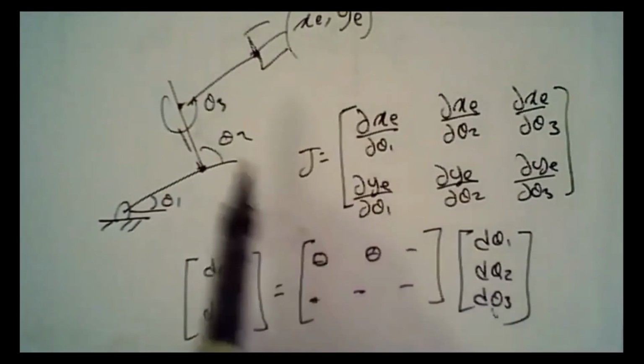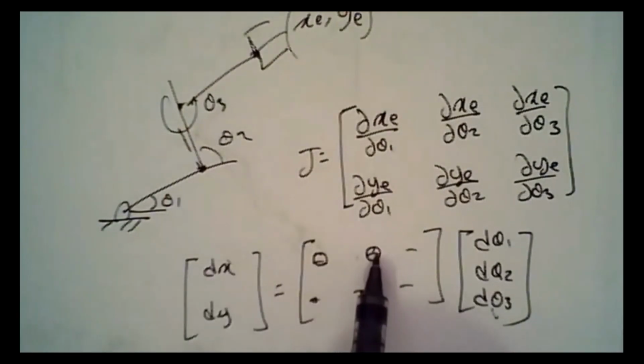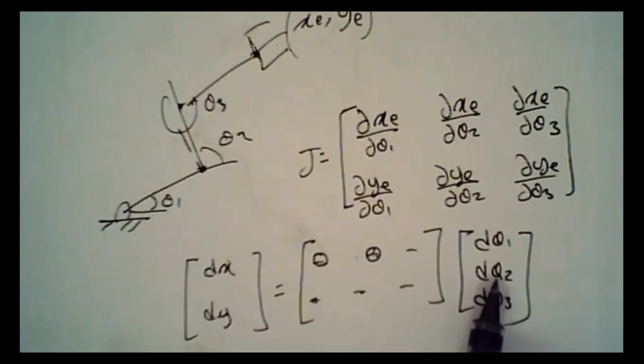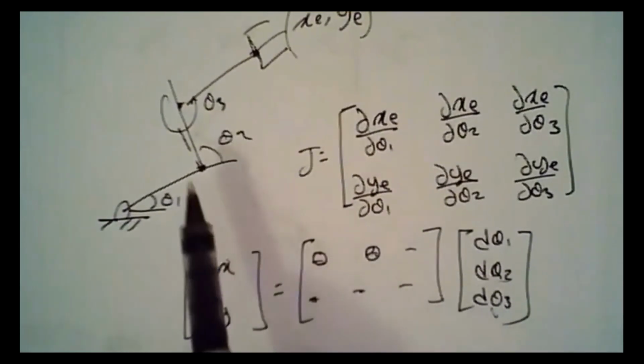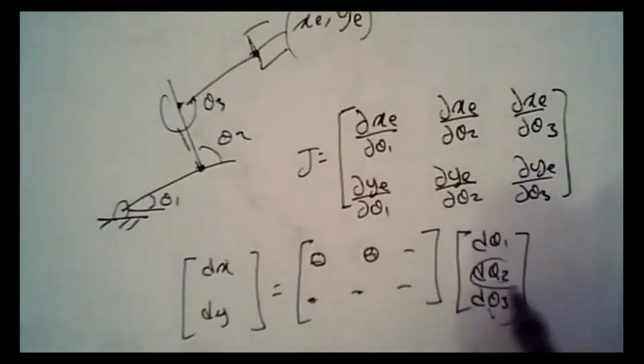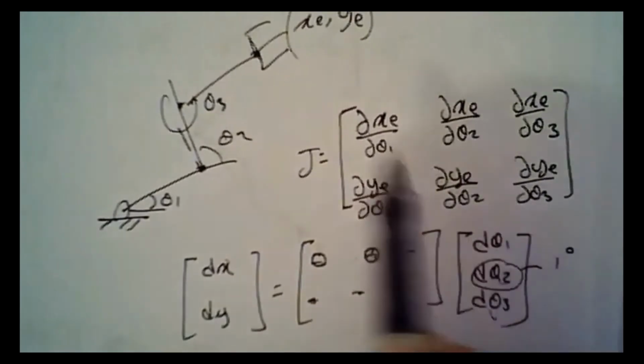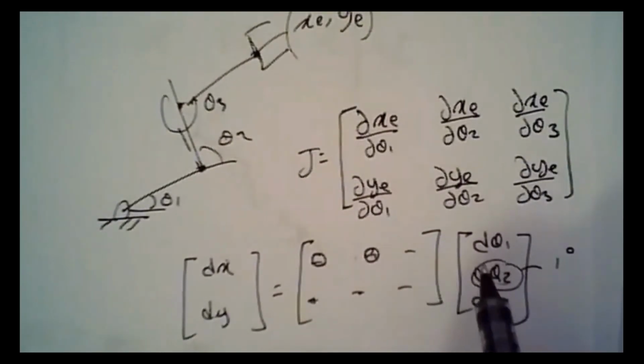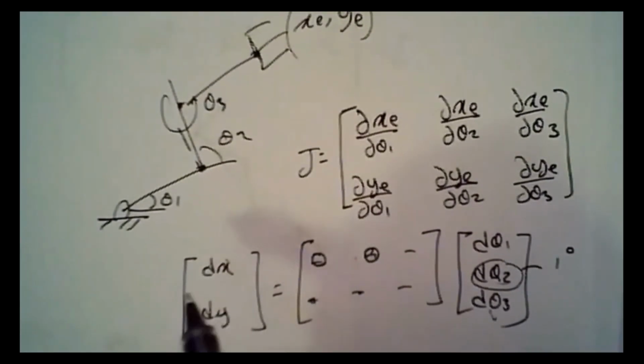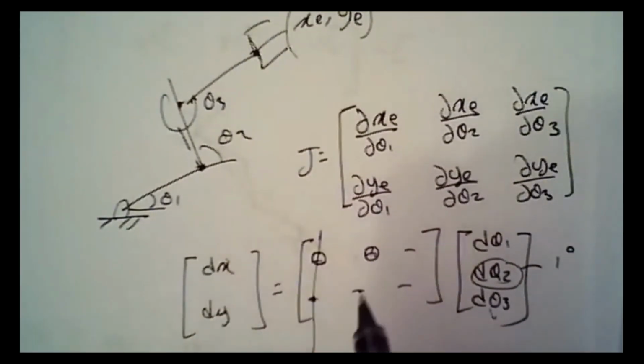If it increases by a very small amount, I will be able to find how the x is changing as a result of this amount. So this amount here is 1 degree, for example. I can plug that here, and then I can find how the x will move, and then how the y will move.